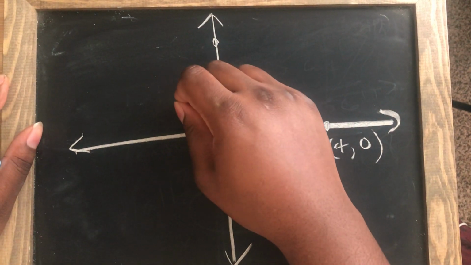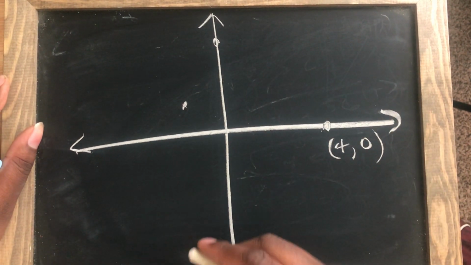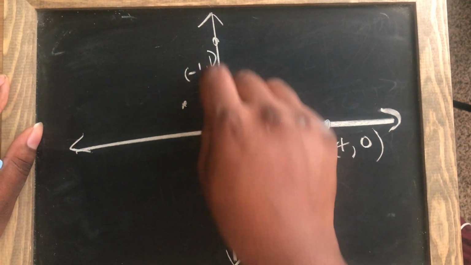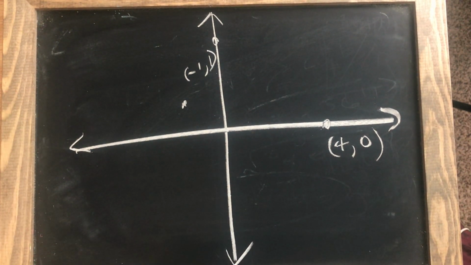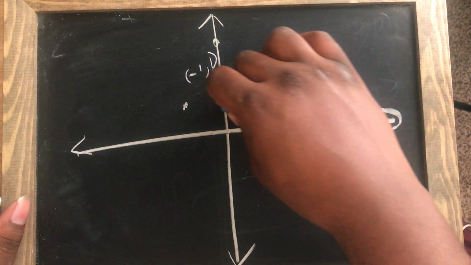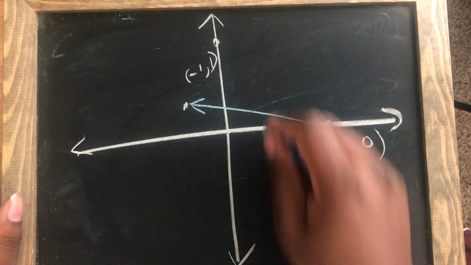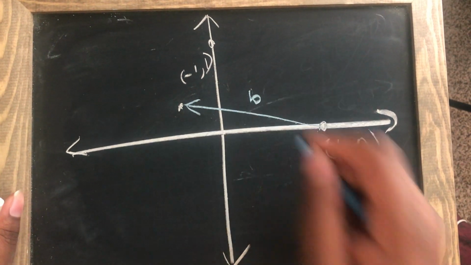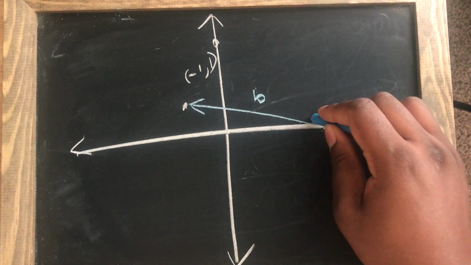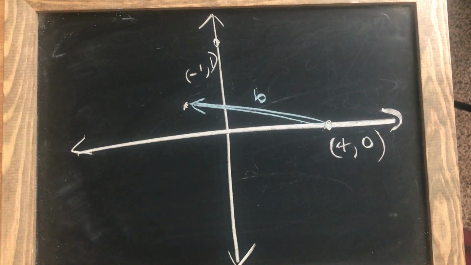Actually, let's make it out here: (-1, 1). And I want to figure out what is the component form of this vector. I'm going to call it B. We've been using A a lot. I want to figure out the component form for vector B.